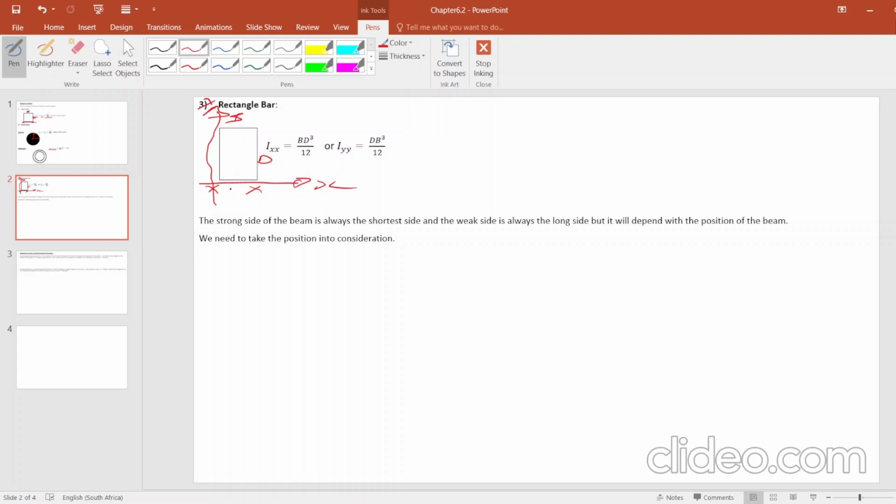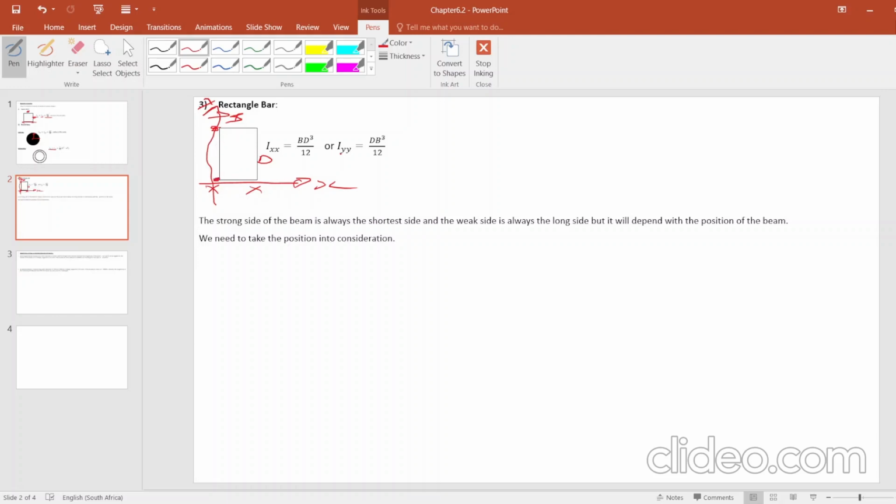This is y, this is x. If I've taken moment at the x-axis, then I'm determining Ixx, then it will be opposite. My Ixx is opposite to b, then it will be b, then d cubed divided by 12.